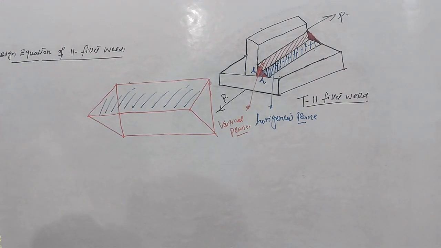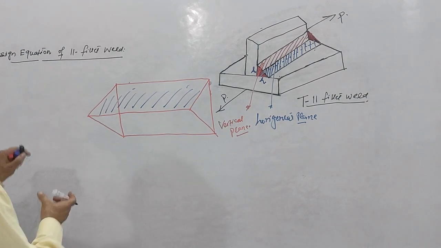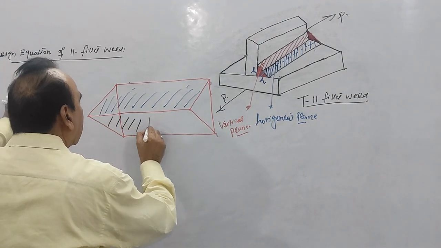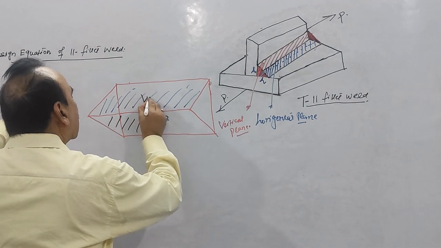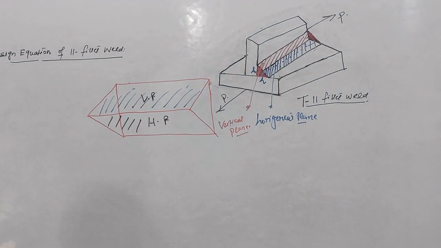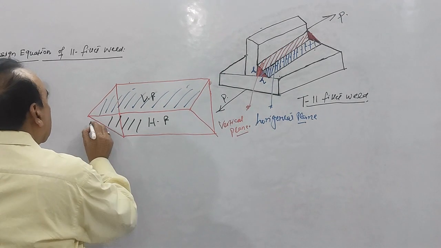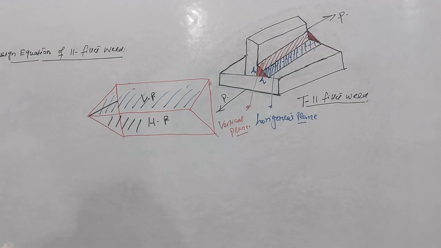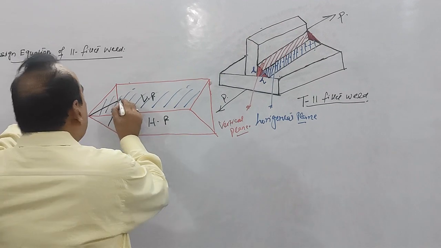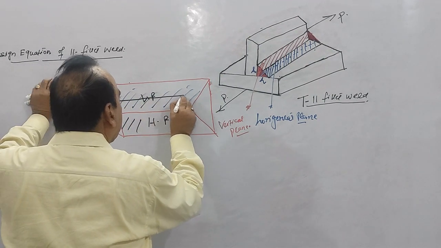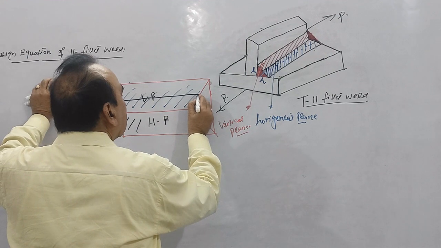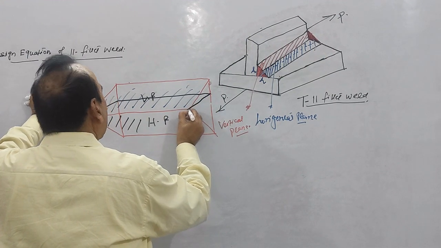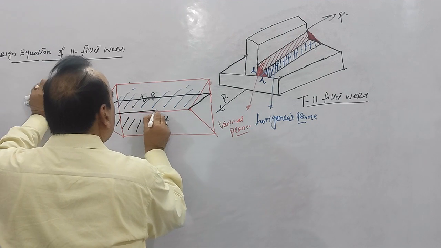This is your vertical plane, and here this is your horizontal plane, and this is your vertical plane, right? Suppose I take one here, just like this. Then a plane will be formed in this way, this plane.